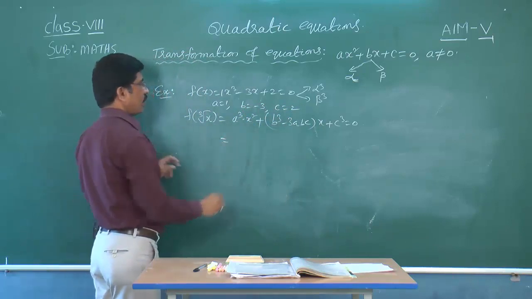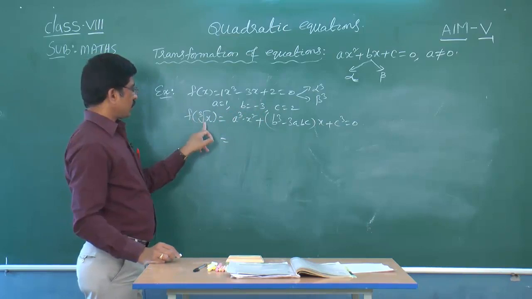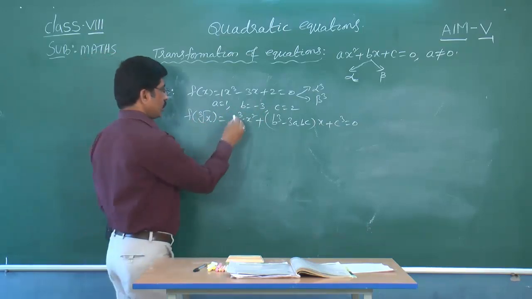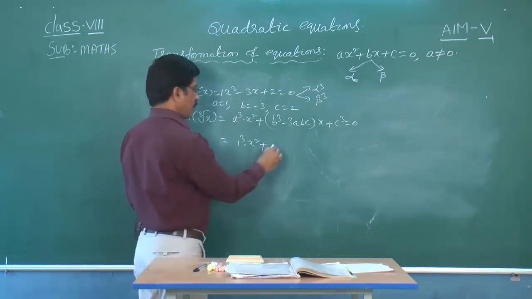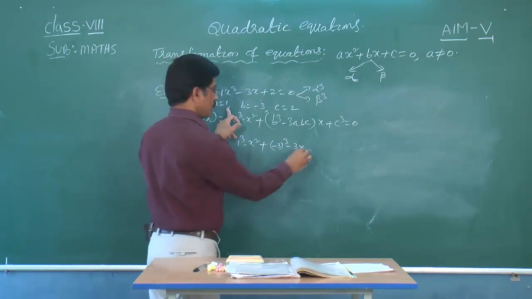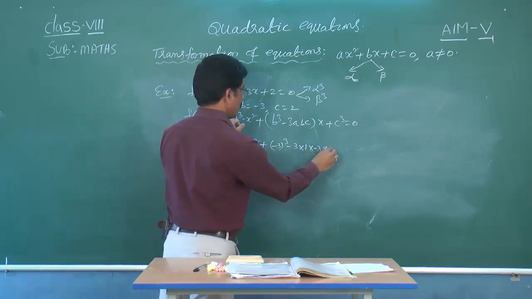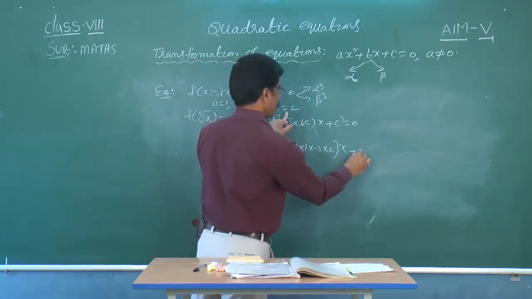We take the values of a, b, c instead of f of cube root of x: 1 cube into x square, plus b cube, minus 3 whole cube, minus 3 into a value 1, b value minus 3, c value 2, into x, plus c cube, 2 cube, is equal to 0.